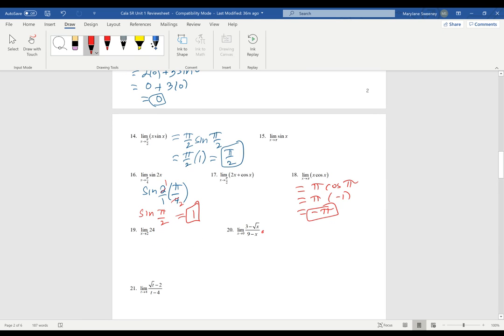We saw a few of these with the odds. This is where you multiply by the conjugate. So it's the limit as x approaches 9. Reason we do that is if we were plugging in, we would get 0 over 0, which is the indeterminate form. So where we have the two radicals, we're going to FOIL. 9, outers, inners cancel.